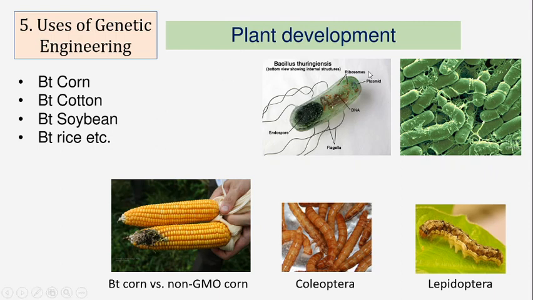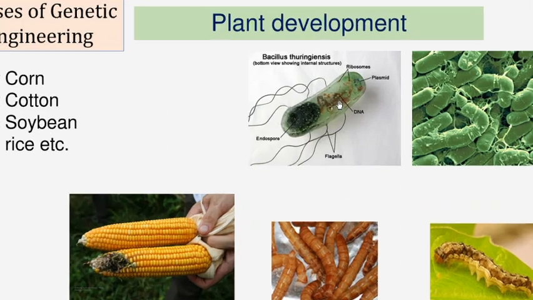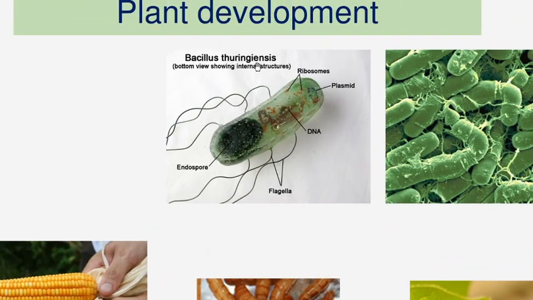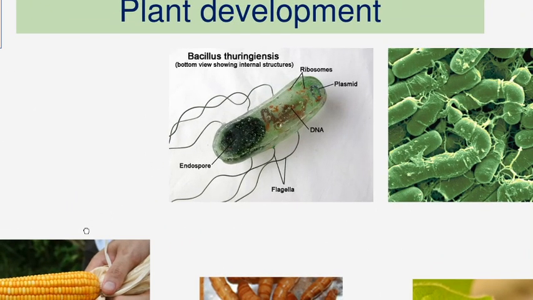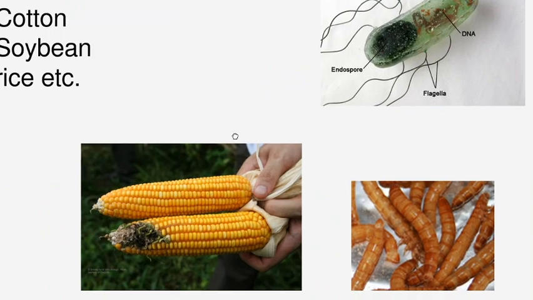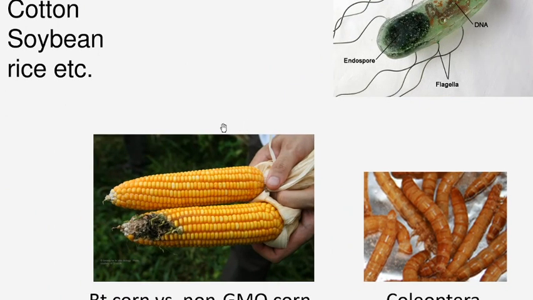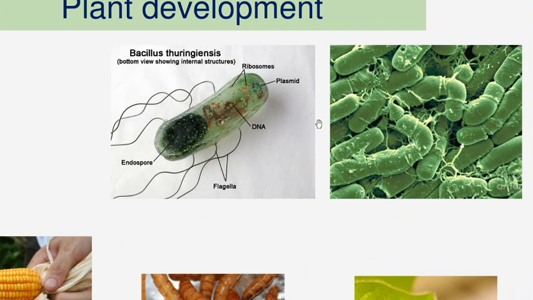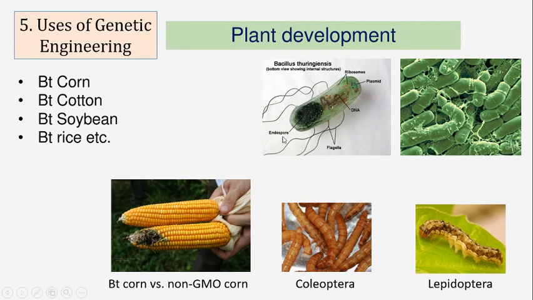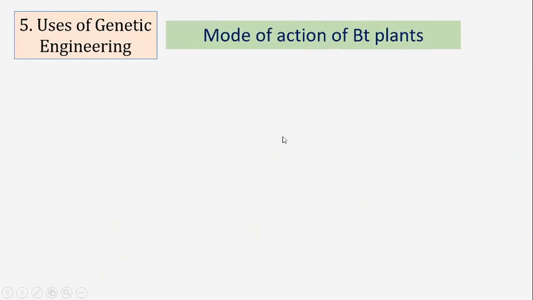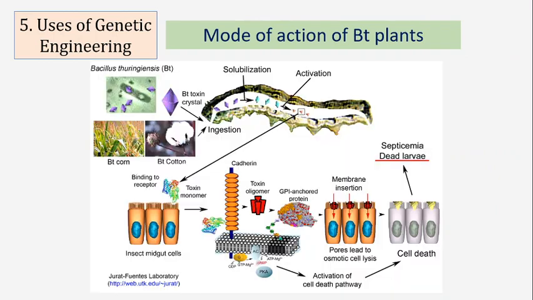That means the crystal toxic protein gene has been isolated from a bacteria called Bacillus thuringiensis, and it has been inserted into a corn plant so that the corn plant became transgenic. That is called the BT corn plant. So this is the bacteria and there is the colony of this Bacillus thuringiensis bacteria. So how does this corn resist the infection of pests?